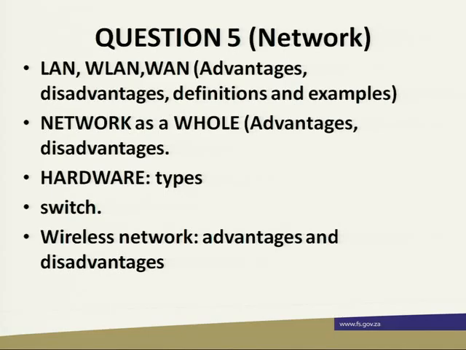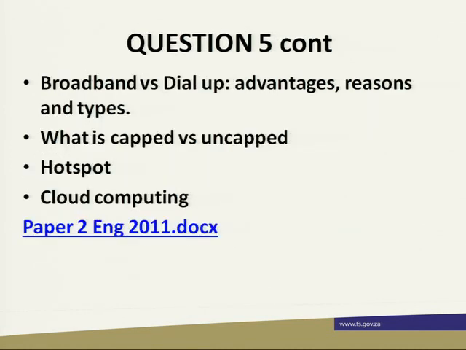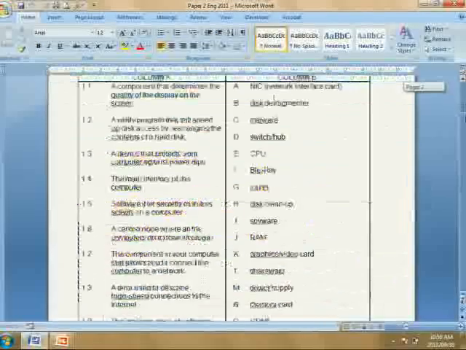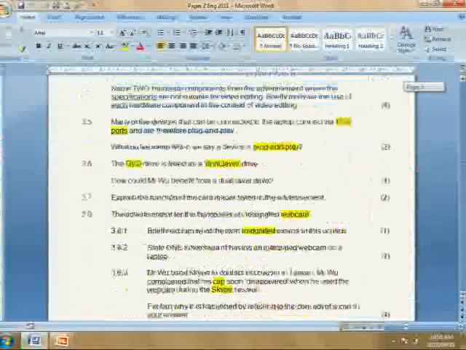You must know networks as a whole, the advantages and disadvantages, and the types of hardware that you are going to use on networking. For instance, switch, wireless network, advantages and disadvantages, broadband versus dial-up, advantages, reasons and types, capped versus uncapped, hotspot, and cloud computing.